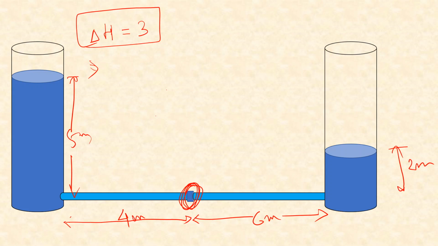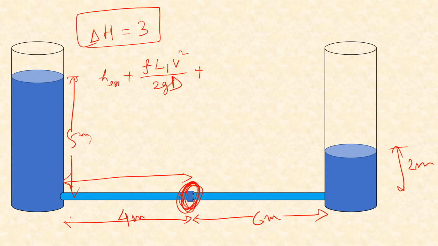That means we'll use head loss at entry plus head loss in this section, this segment of the pipe, which is F, let's call it L1, which is 4 meter, then V square by 2GD plus, because of this joint, whatever loss is happening, that is again expressed as a function of velocity again.